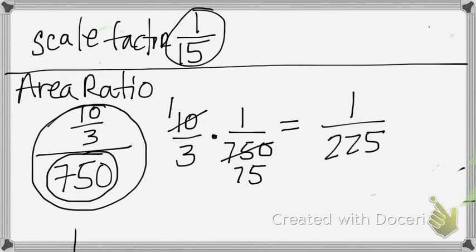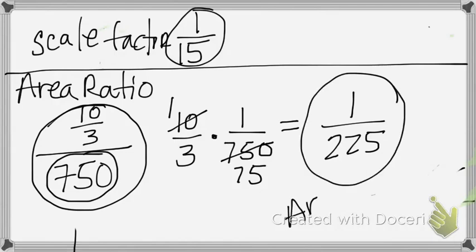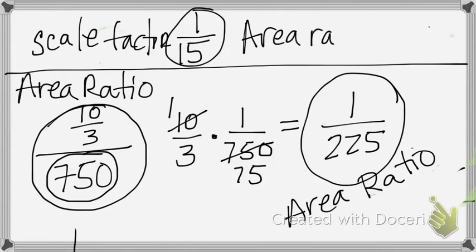Okay, so this is now our area ratio. Now why don't I put that up here, and then we can work down the bottom. Equals 1 over 225.